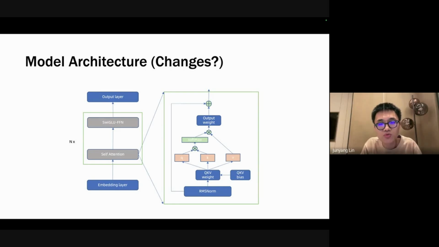We love to use the gate GLU activation because we have some successful experience in multi-modal training. So we used gate GLU activation, and we thought that the model training might not be stable, so we added another layer norm to it. There are some works like NormFormer and Magneto.